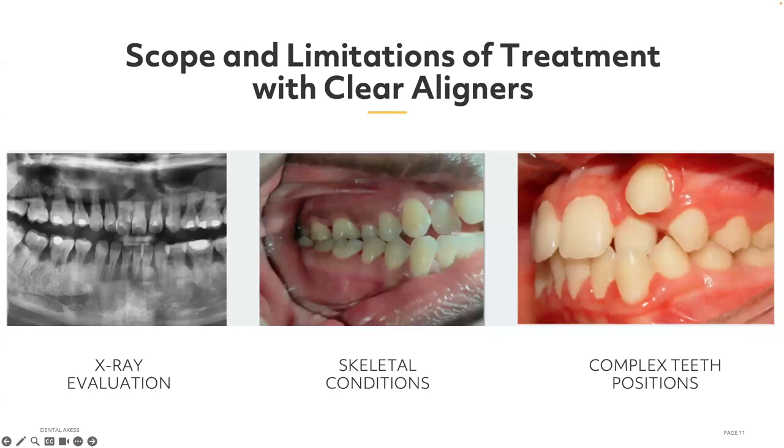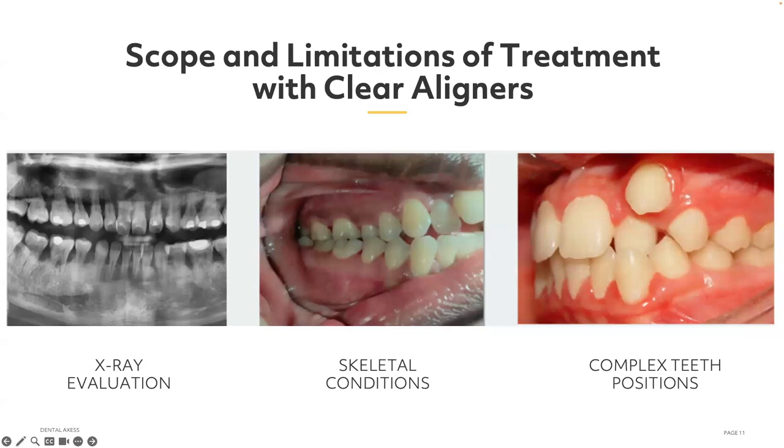That is why I place it in the scope of limitation, because we cannot just include it in the treatment plan from the beginning. That is going to make the treatment plan very complex. It's going to make the extrusion process unpredictable, and will probably create fitting issues and discomfort for the patient, because trying to make the plastic go so far up to achieve a good traction of that canine is very difficult.